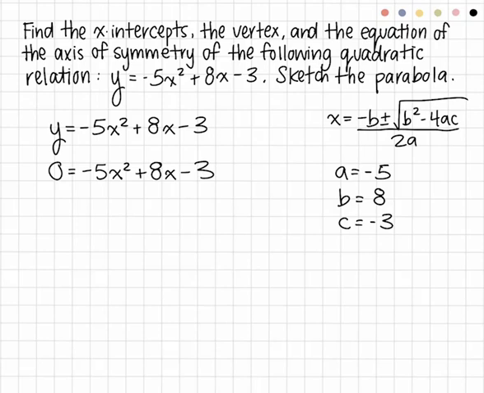Okay, let's start first with the x-intercepts. So x equals negative 8 plus or minus the square root of 8 squared minus 4 times negative 5 times negative 3, that's 4ac, did I get that right?